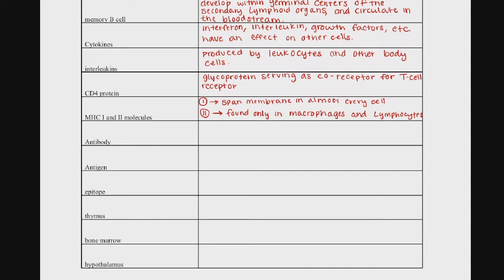Alright, antibodies. I'm sure you guys have heard these before, but it's a blood protein produced in response to a specific antigen.